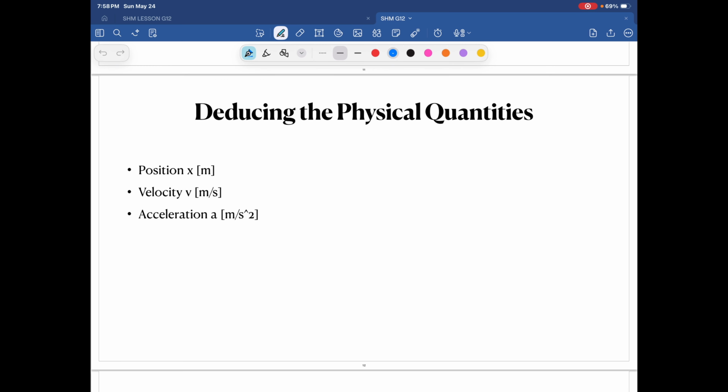If you're familiar with sports cars, they say it accelerates from 0 to 100 in 3.2 seconds or in 3.5 seconds. They are bragging about how fast this car can accelerate, and so acceleration is very important. How can we deduce those from the solution of the differential equation that we have found?